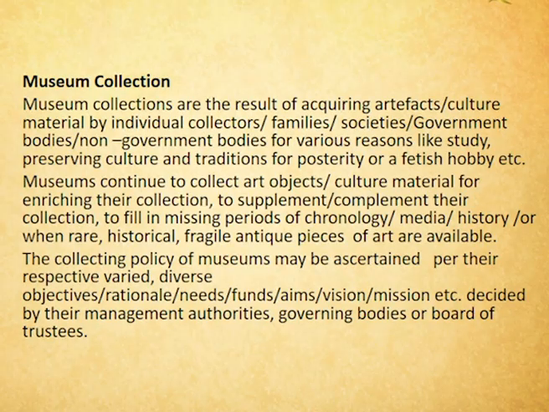Apart from that, what happens? Who decides the collection policy of a museum? It is the authority which decides. It has to be ascertained as per their respective very diverse objectives, rationale, needs, funds, aims, vision, mission, etc., and decided by their management authorities, governing bodies or board of trustees.